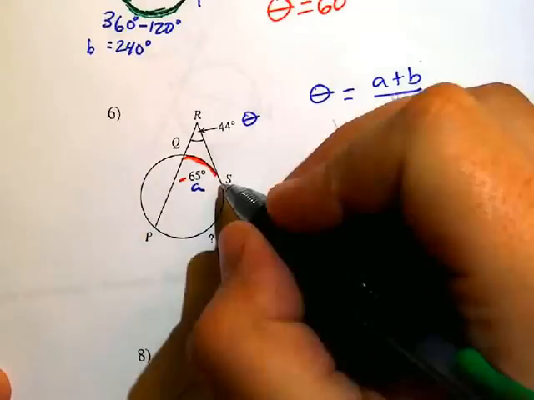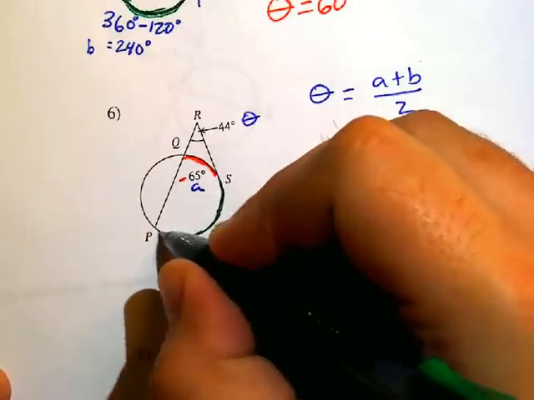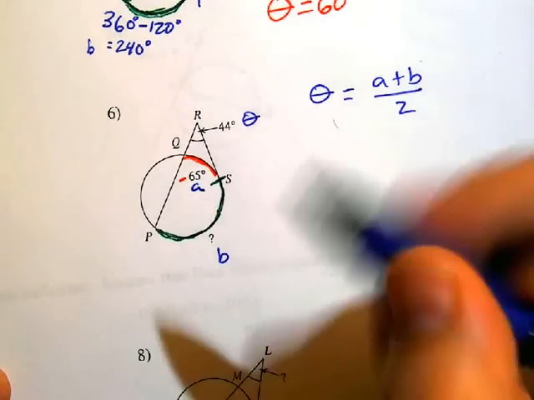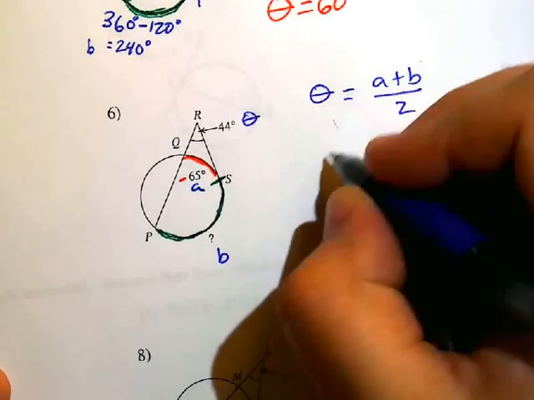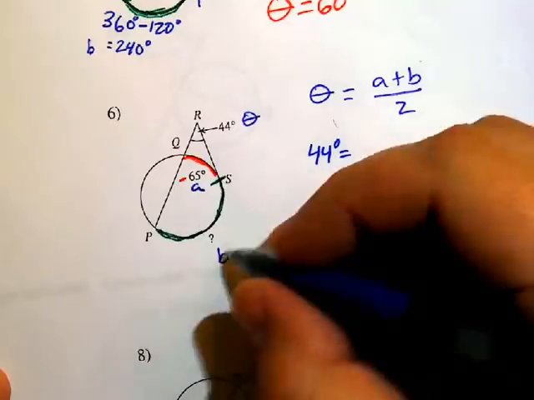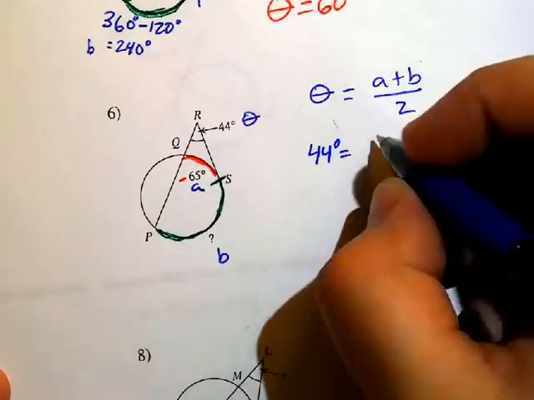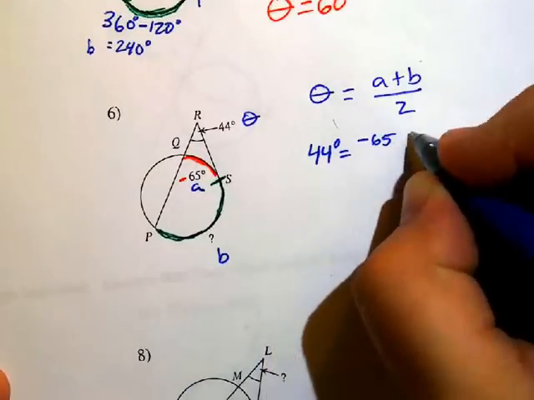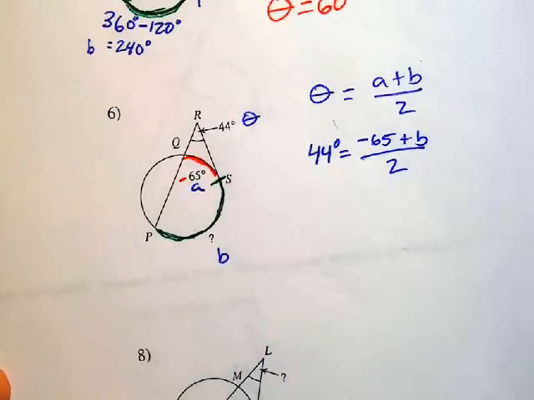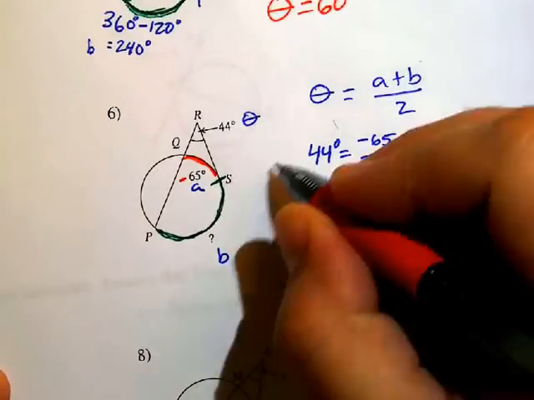But we have to remember that A is an inside-out looking arc, so I'm going to treat it like it's negative. It's not really negative, but I'm going to treat it that way. So looking at this, that means that 44, which is our theta, is equal to B, which I don't know, and negative 65 is A.